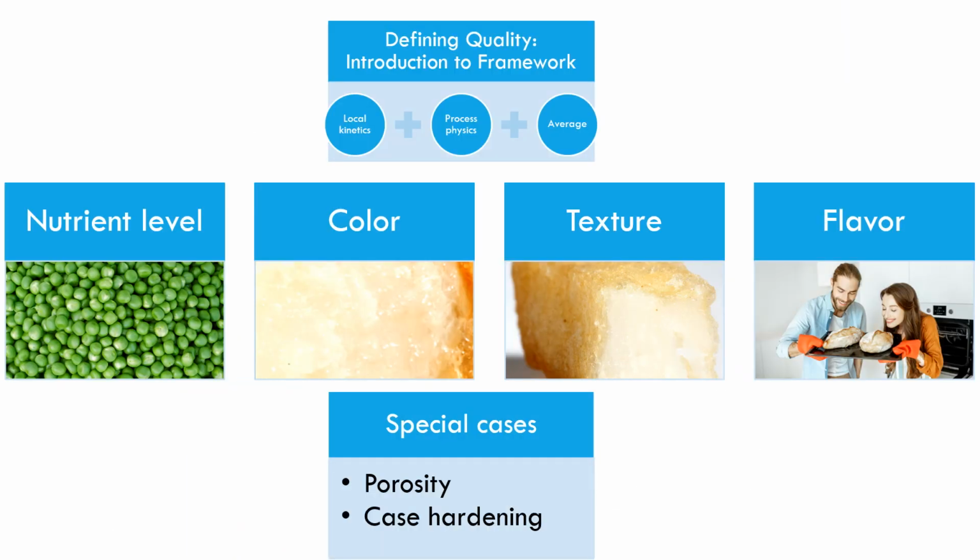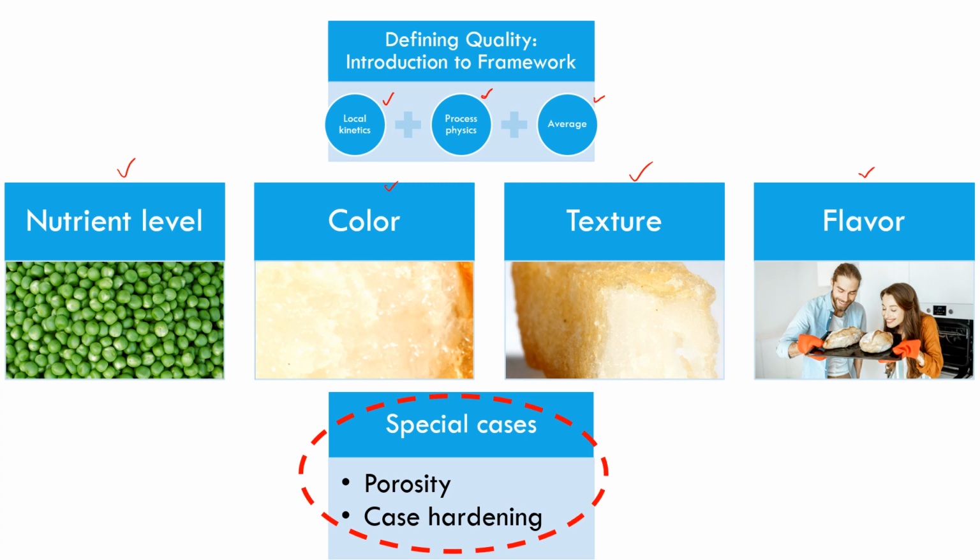Now we have seen the framework of local kinetics combining with process physics and averaging. It seems to work for nutrient, color, texture, and flavor. There are cases that may not need the full framework.